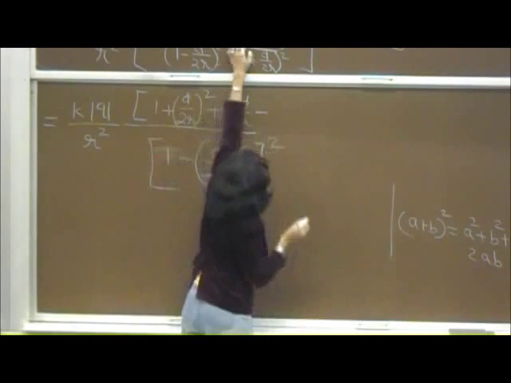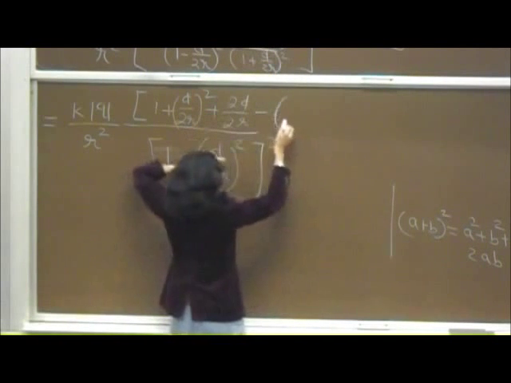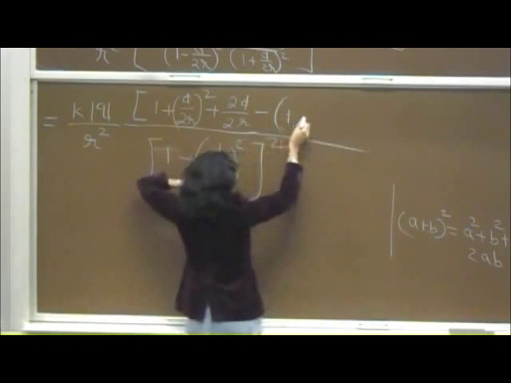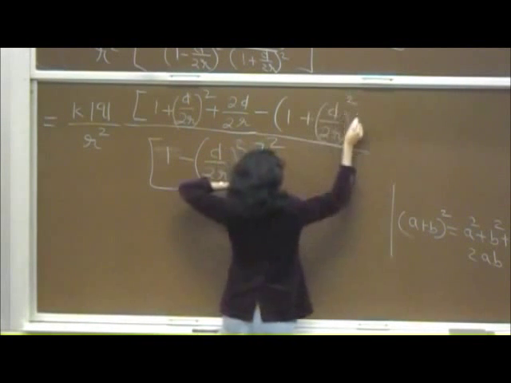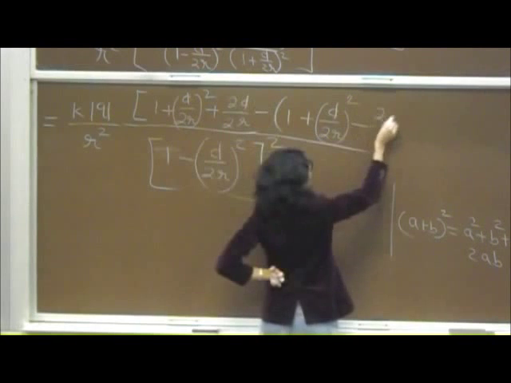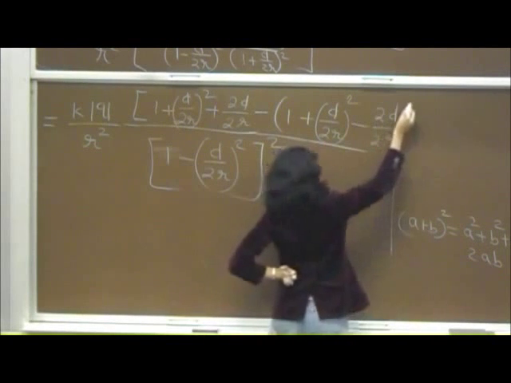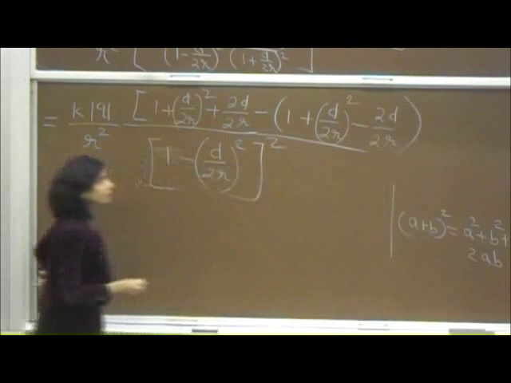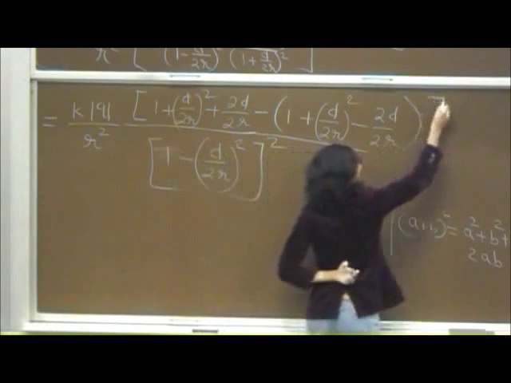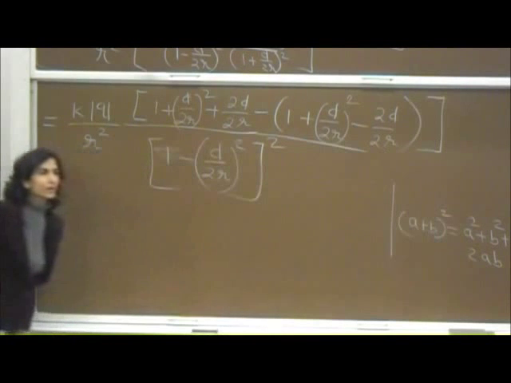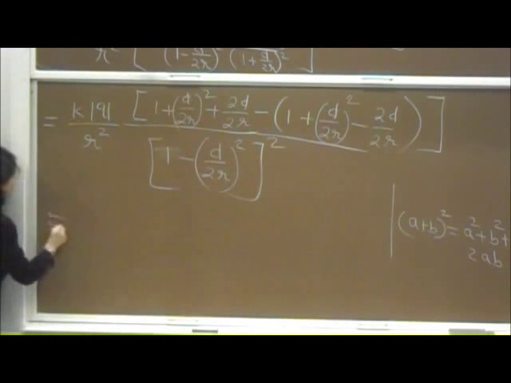And then I have minus this thing, and that thing is 1 squared plus (D over 2R) squared minus 2D over 2R. Is everybody with me? Alright, so then what is this equal to?